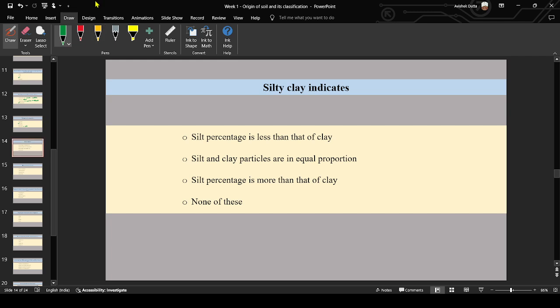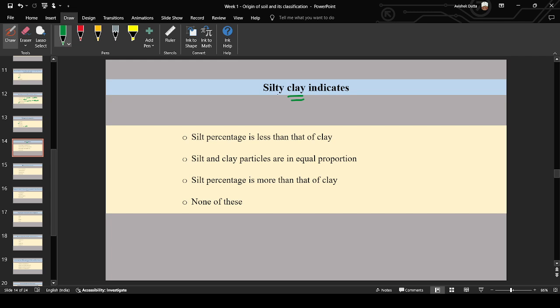When we say silty clay, the first word, silty, acts as a kind of adjective for the main soil, that is clay. Clay is the main soil, and silty is describing the type of clay.